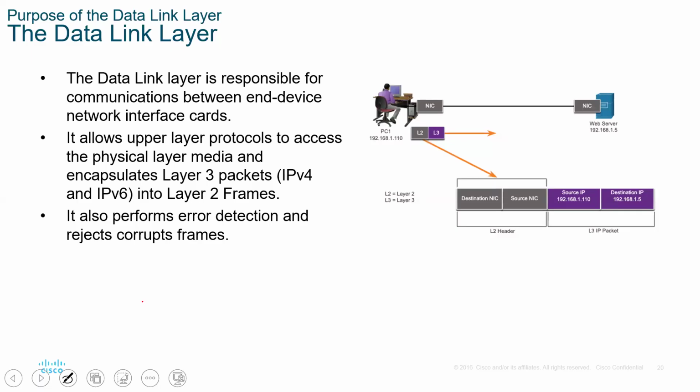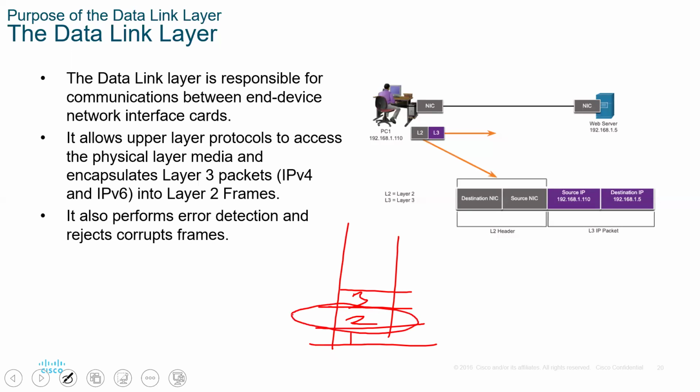What are we saying here? We're saying that in the OSI model, layer 1 is the physical, layer 2 is the data link, layer 3 is the network layer. Layer 2, the data link, provides a platform where layer 3 or upper layers are able to talk to the physical layer, especially the network interface cards.